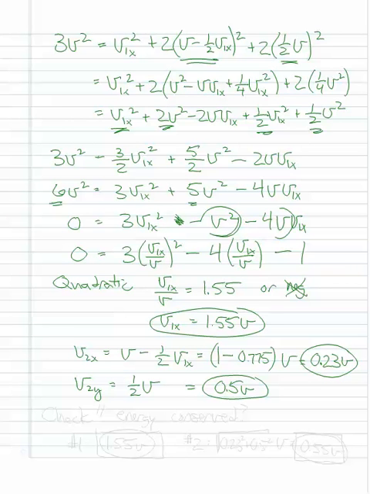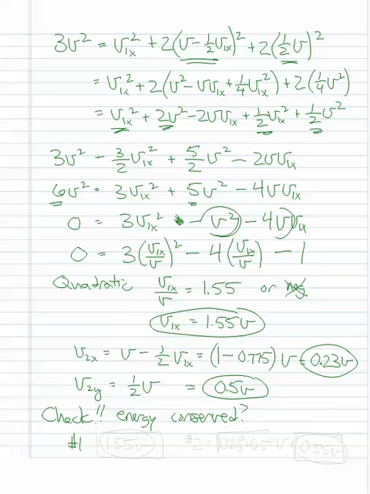So the question asked, by the way, you should check to make sure that energy is conserved. That's how you know you did it right. And of course it should be, because we solved all three equations simultaneously, but you should check. Anyway, the problem asked for the speeds of each ball.